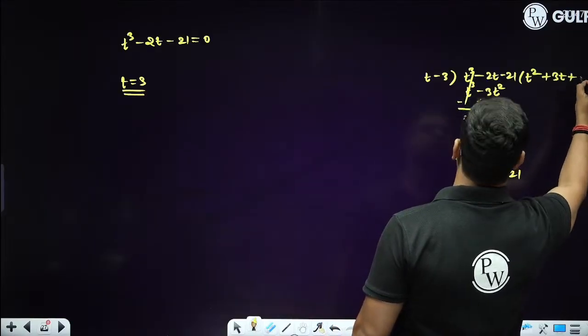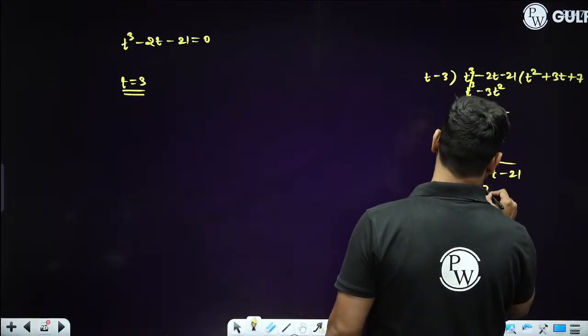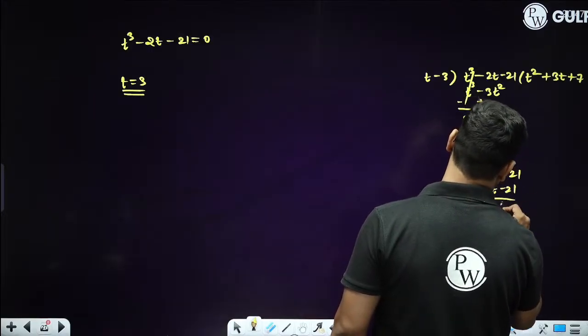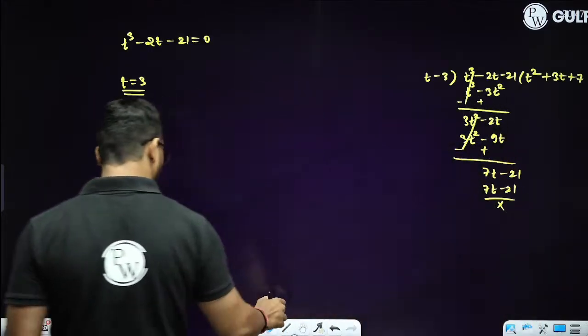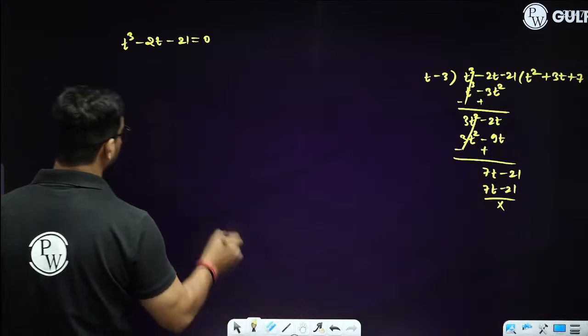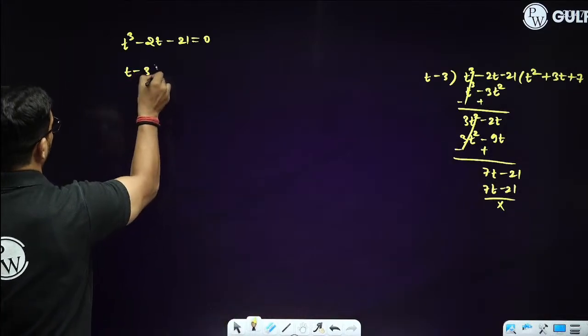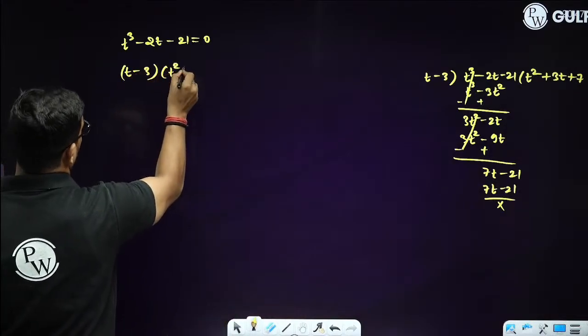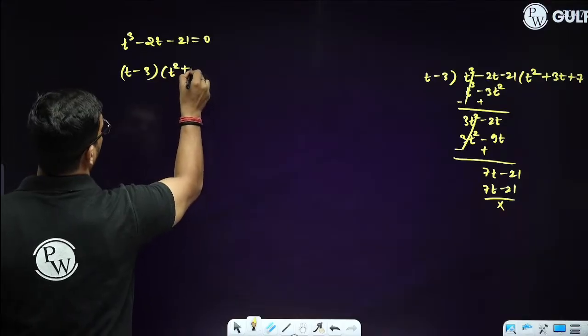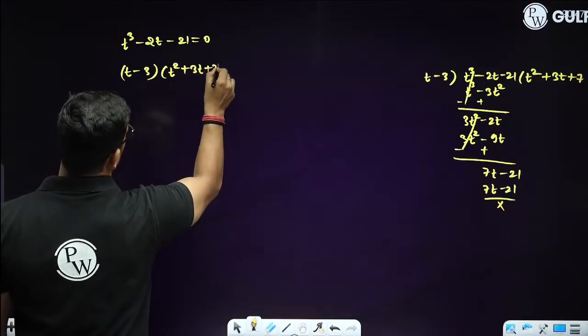So plus 7, 7T minus 21, gone. So we can write this as T minus 3 into T square plus 3T plus 7 equals 0.